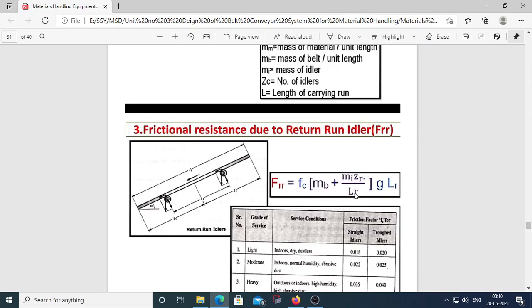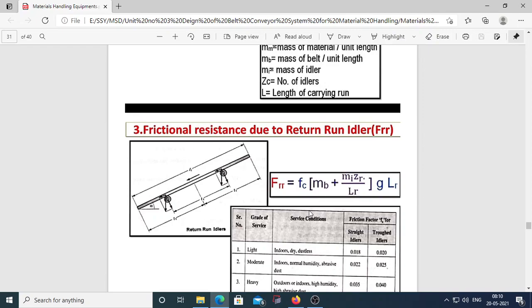Into G into LR, where LR is the length of the return run, denoted by LR. We consider only this return run length.